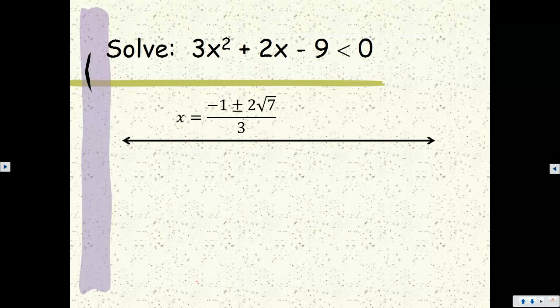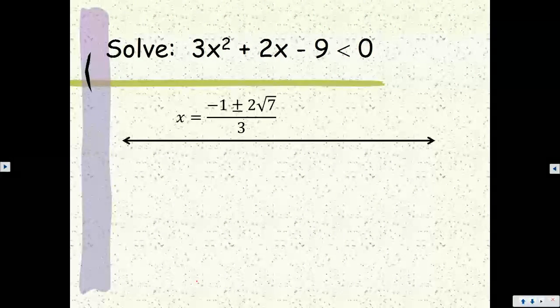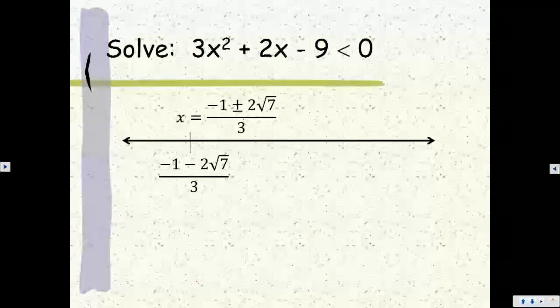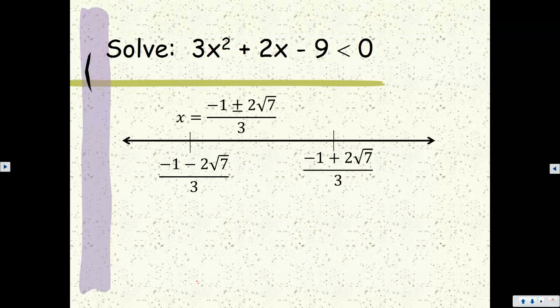So negative 1 plus or minus 2 radical 7, what I did was I said, well, negative 1 minus 2 radical 7 over 3 is to the left of negative 1 plus 2 radical 7 over 3, because one's subtracting that and one's adding it. And I put open circles at those 2 points because it's not equal to those 2 points.